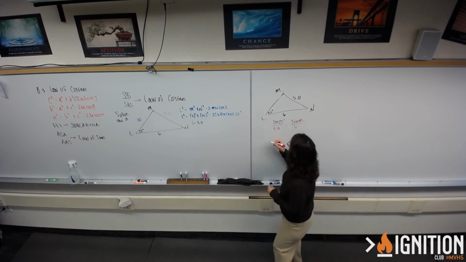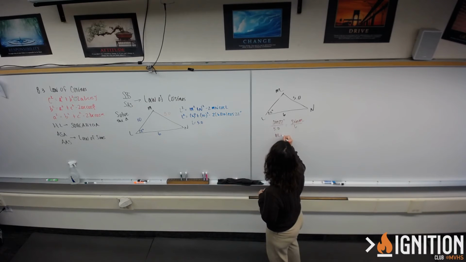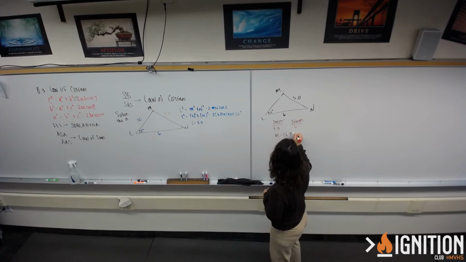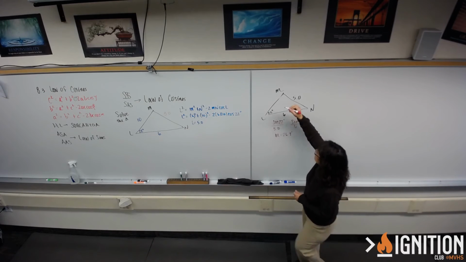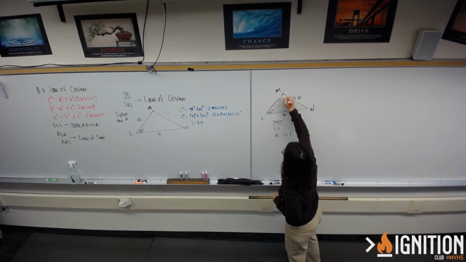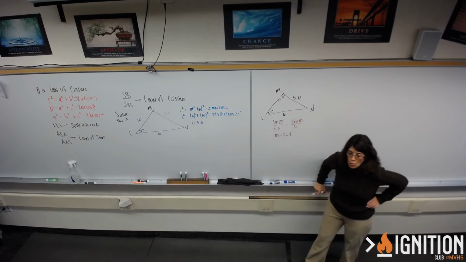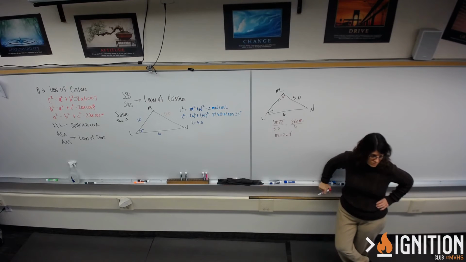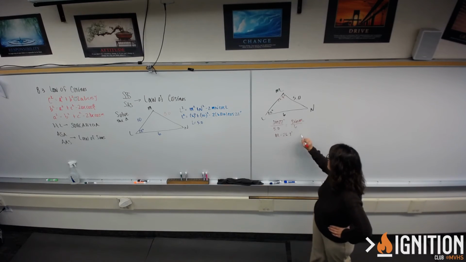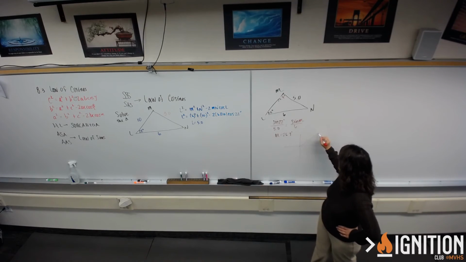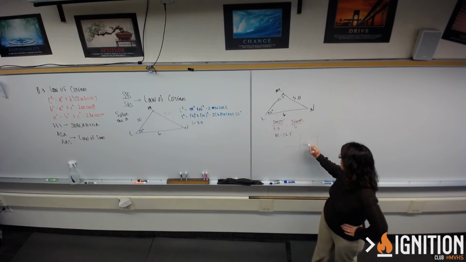Okay, so here's your issue. Get your degree symbols. It's the ambiguous case. You have to check for the other possible triangle. 26.9.